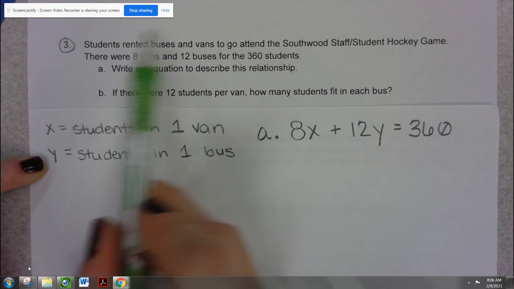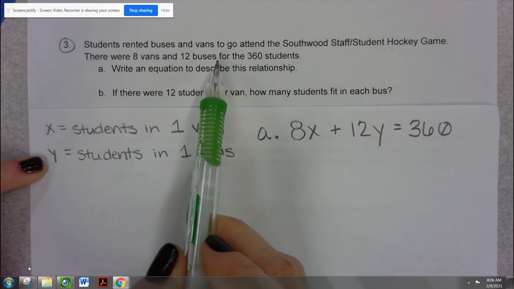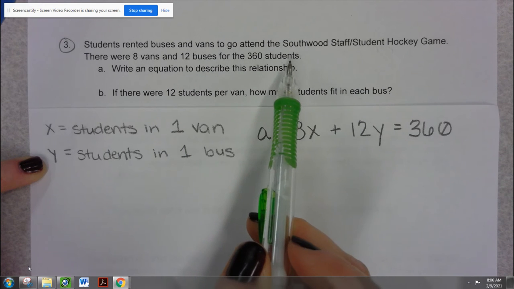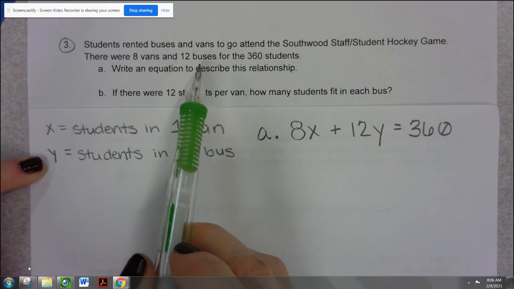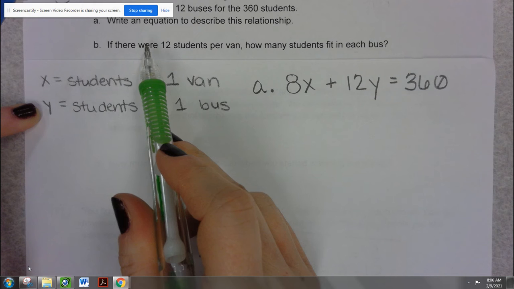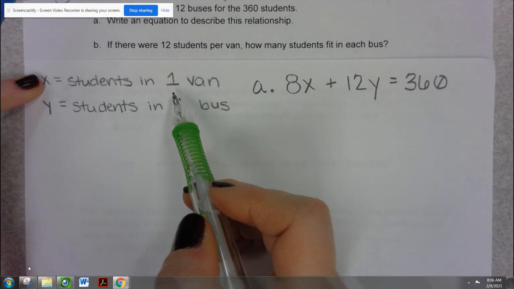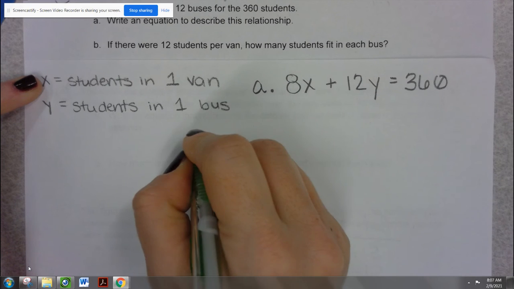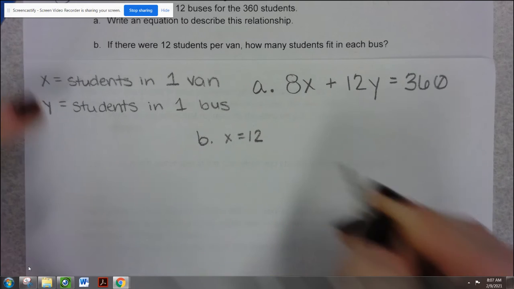So if we see a situation like this where I have 2 different things we're using to get to my total, I know I'm going to have to do standard form. Now for part B, it's giving us 12 students per van. That's giving me my X value. It's saying how many students in each van. So for part B, I know that X is going to be equal to 12.